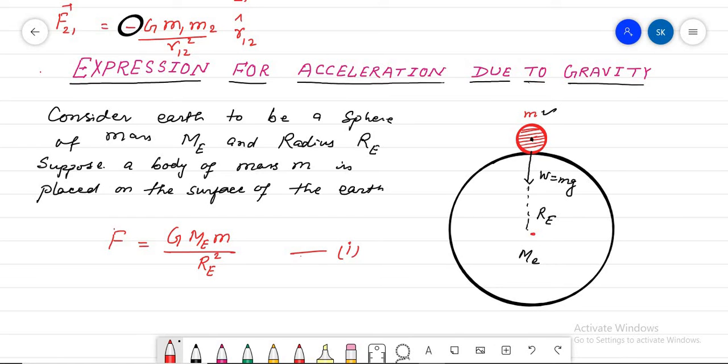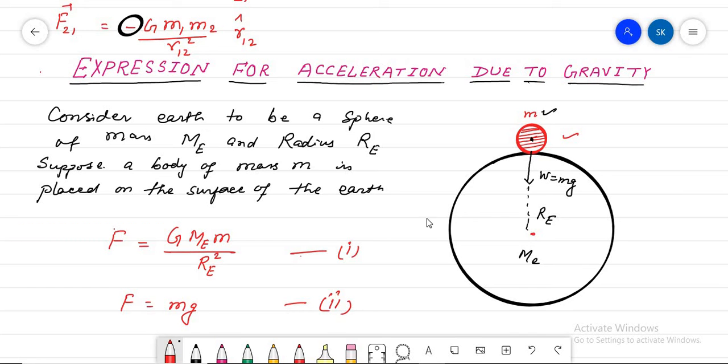This attractive force which the earth exerts on this object is simply the weight W equal to mg of the object. Then you can also write that F equal to mg. This is equation 2.